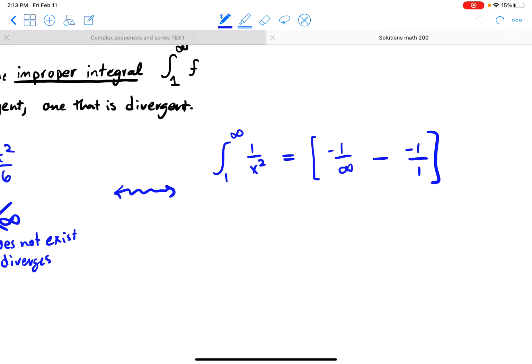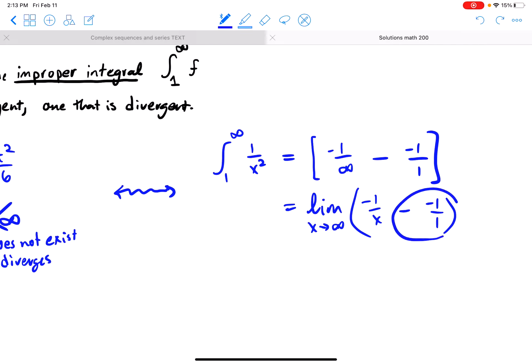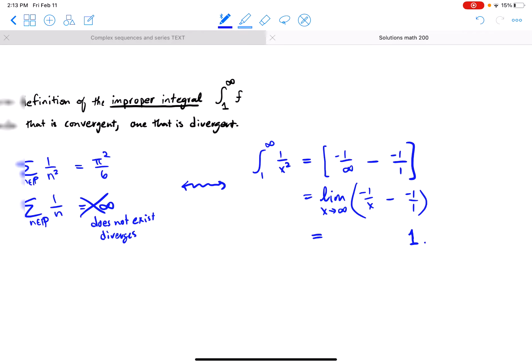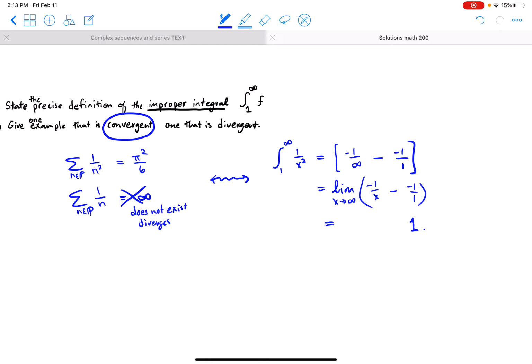We'd like to say this is 0, and so what people do is they say, well, the limit as x goes to infinity of negative 1 over x minus negative 1 over 1 is equal to, well, this part has nothing to do with x, and so this is just going to be a plus 1. And this part will go to 0. And so we say it's equal to 1. So that's an example where the improper integral is convergent.